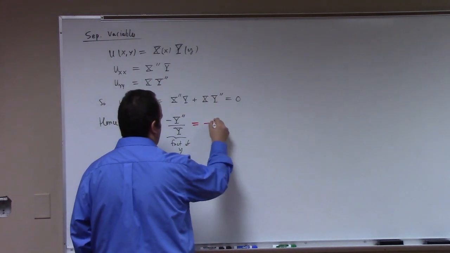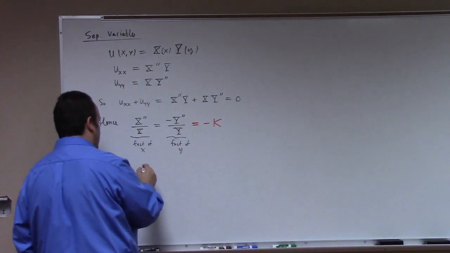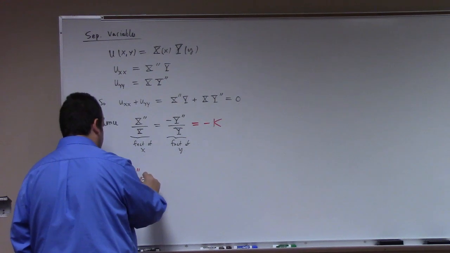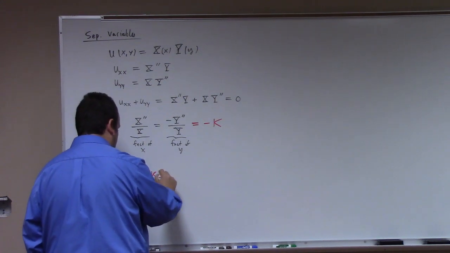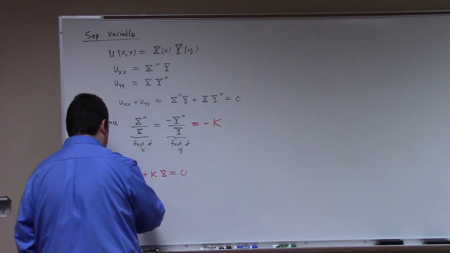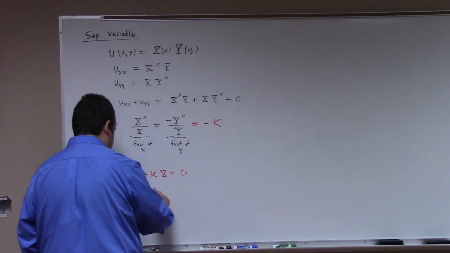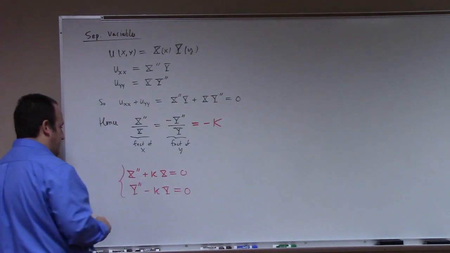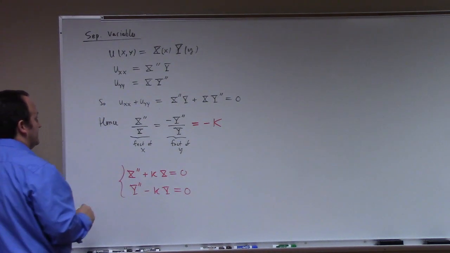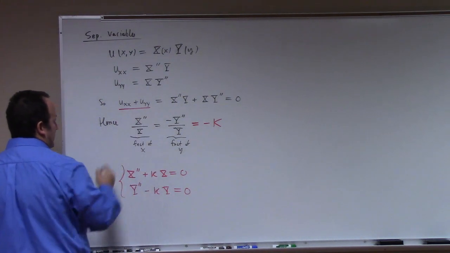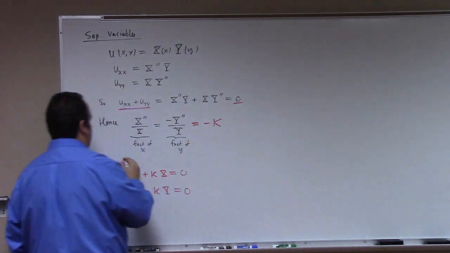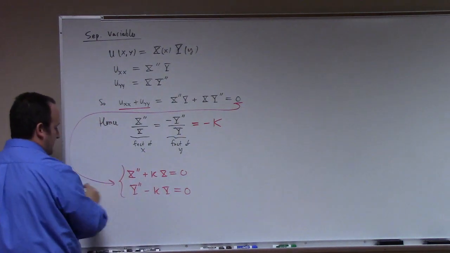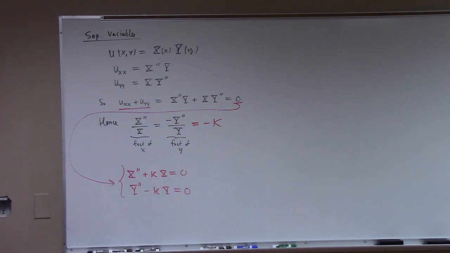Then that gives me x'' plus kx equals 0, and y'' minus ky equals 0. So by separation of variables, the Laplace equation has essentially been replaced with the corresponding problem of solving these, at some level.